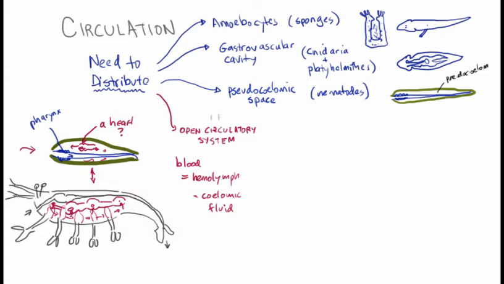So the open circulatory system, in a certain way, is deriving from simply a secondary pump that circulates the coelomic fluid, kind of like what we have in the case of a nematode. You can say that the open circulatory system is the starting point for the evolution of the closed circulatory system, in which there's a complete separation between the blood and the fluid in the rest of the body cavity.